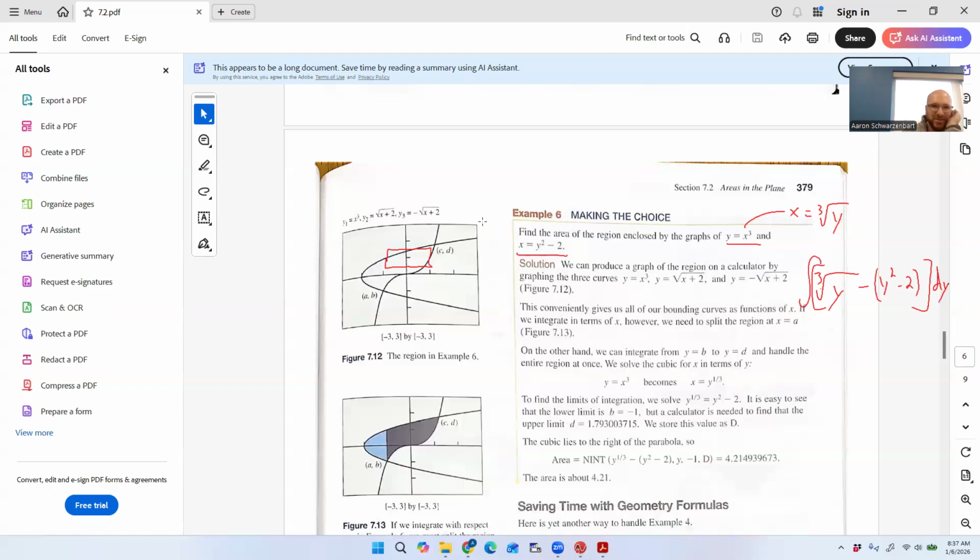This, however, to graph it on the graphing calculator, there it is. We'll need both of the plus and the minus. So we're going to have to graph 3 things.